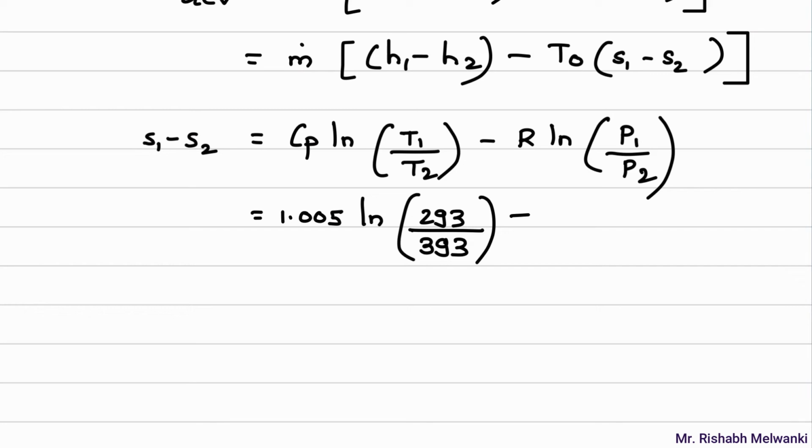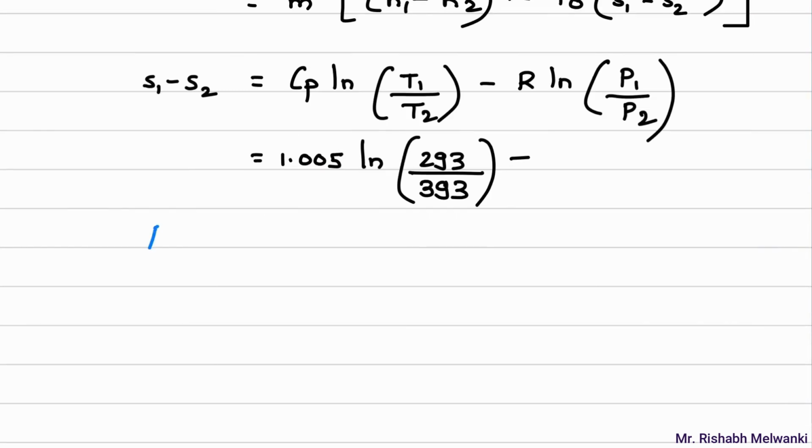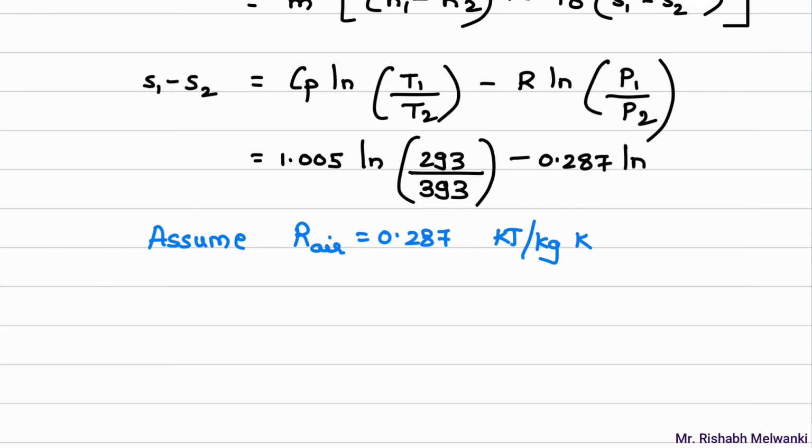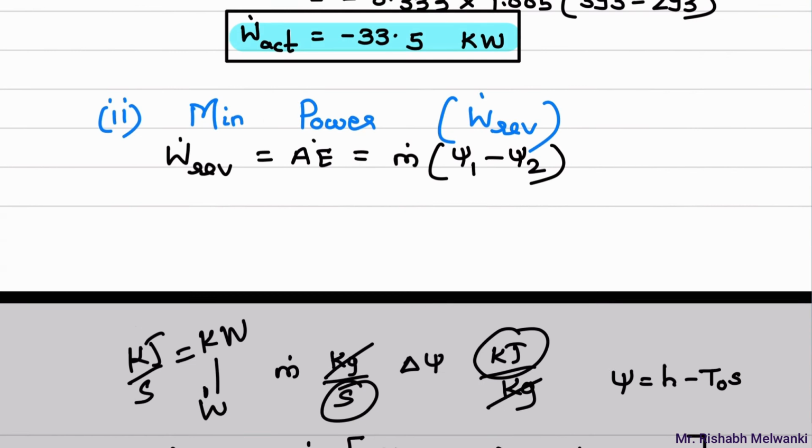Minus R. What is the value of R for air? I will assume R for air as 0.287 kilojoule per kg Kelvin. So I'll write 0.287 log P1 by P2. What are P1 and P2?